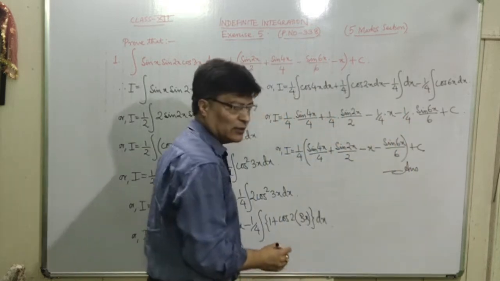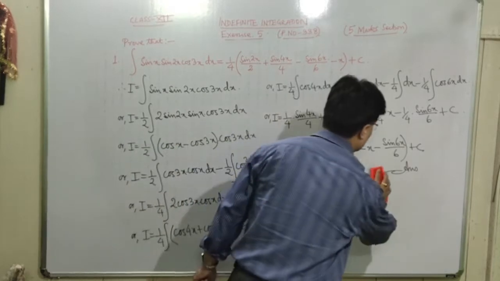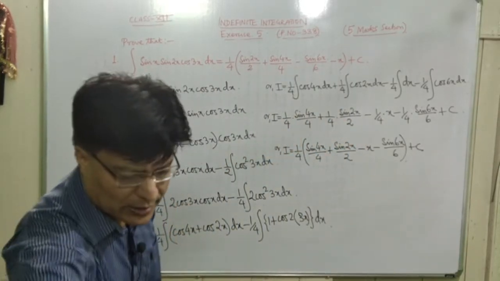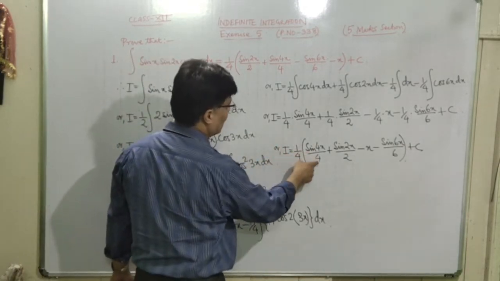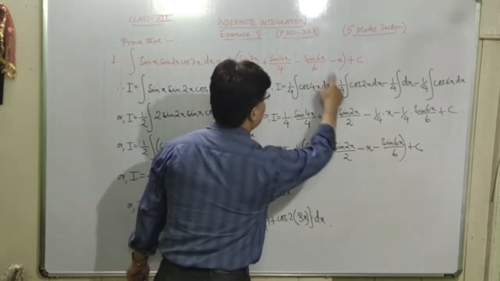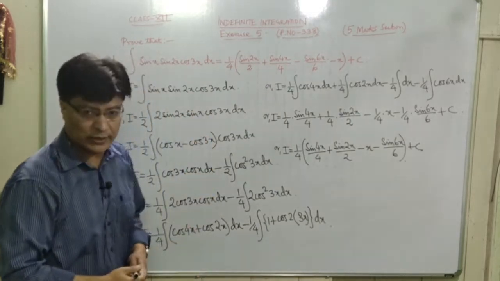So this is the answer, or you may write proved, because we have to prove it, isn't it? So let us check it: 1/4 is taken common, sin 4x by 4 is there, plus sin 2x by 2, minus sin 6x by 6, and minus x is also there, plus c. So it is proved.